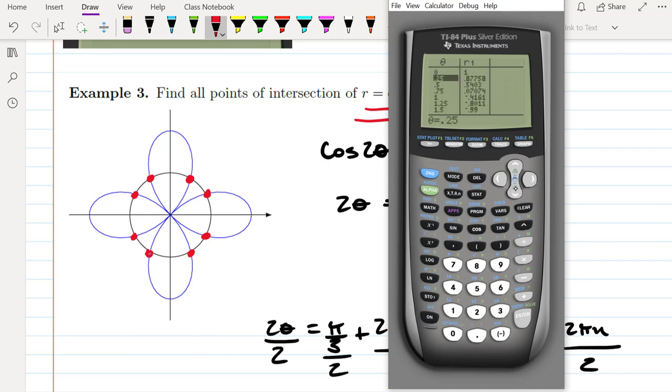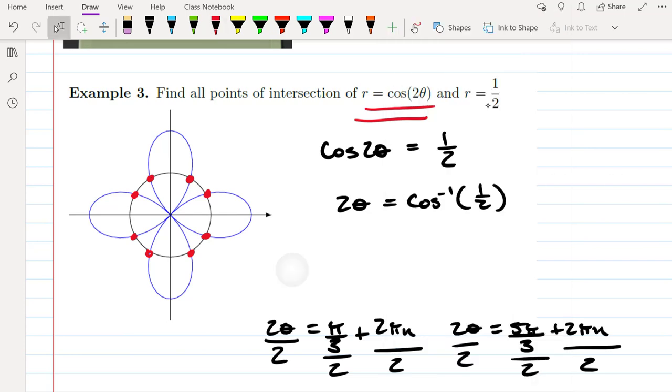So we'll notice as theta increases, all of a sudden something interesting happens. R is positive, but here between 1 and 1.25 radians, we're at negative 0.41 and negative 0.8. We set this equation equal to positive 1/2, but we forgot that in polar coordinates, you can rotate to an angle and then go backwards.